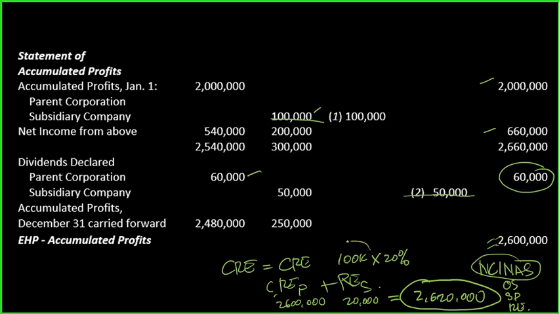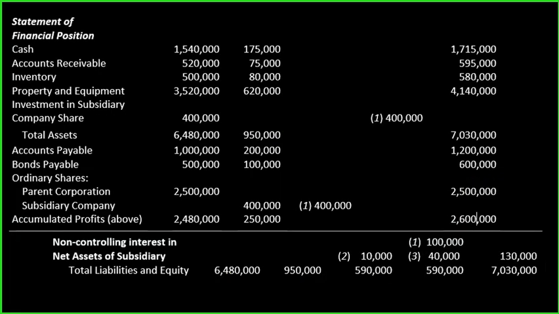Which means this 20,000 belongs here. Kaya hindi dapat kasama yung 20,000 yan if you're computing for your consolidated retained earnings. Anyway, I'll explain more as we go along.